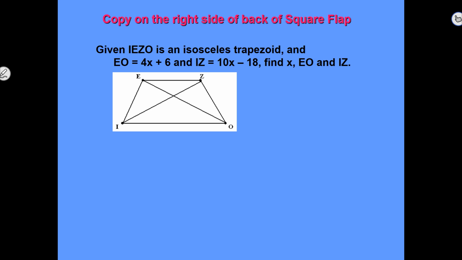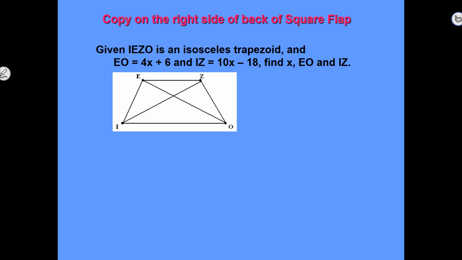So we've got that the vertices are EZIO. They tell you EO, which is this diagonal, is 4x plus 6. And IZ, the other diagonal, is 10x minus 18. And we're going to find x and the length of both of those pieces.